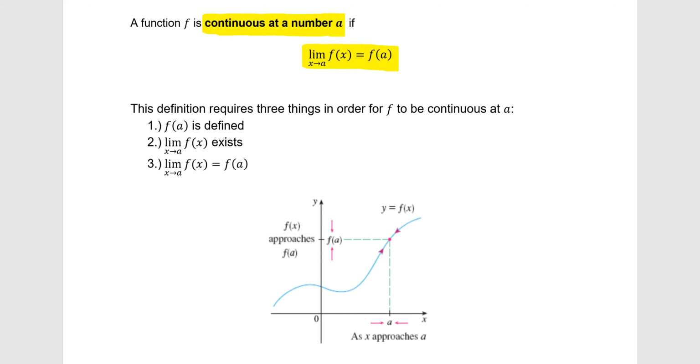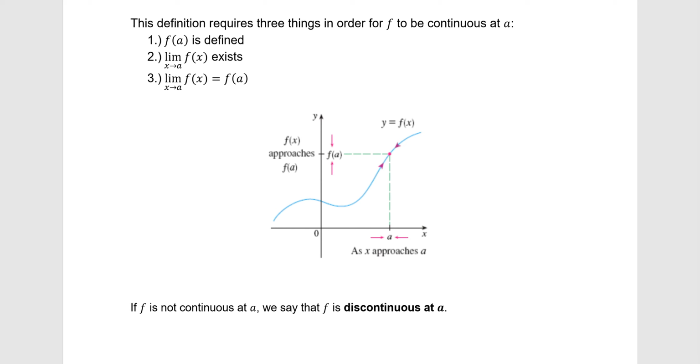Okay, so we can see continuity graphically here for this graph. And it's pretty obvious if something's continuous when you're looking at the graph, because the kind of bad definition of continuity is that you're able to draw the graph without picking up your pencil.